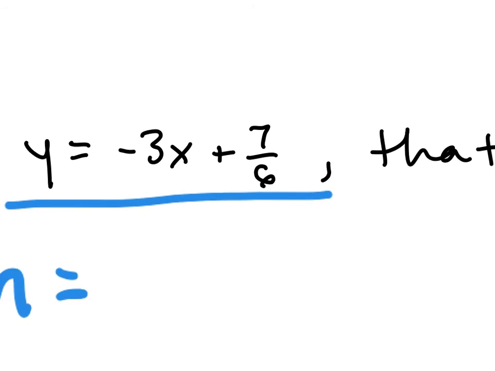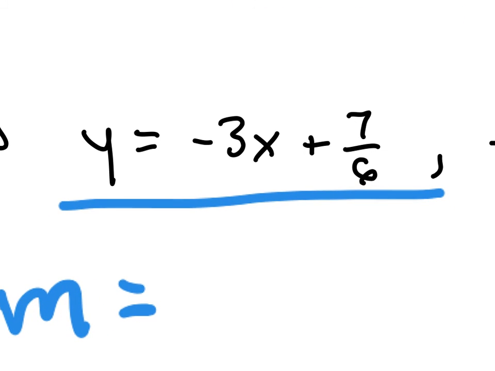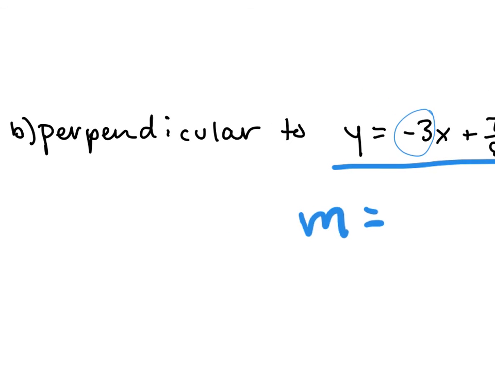What's our slope in this line that it gives us? -3. So when it's perpendicular, we need the opposite reciprocal. So opposite means that it goes from negative to positive, or positive to negative, and then reciprocal means that we flip it.